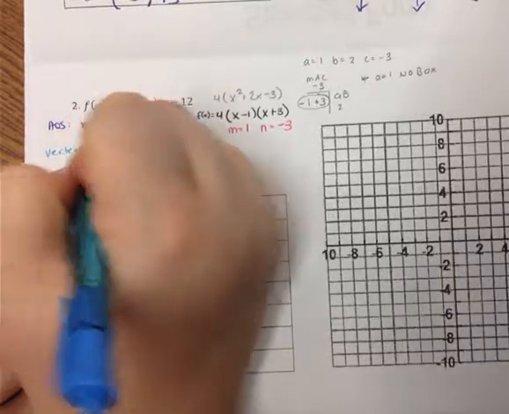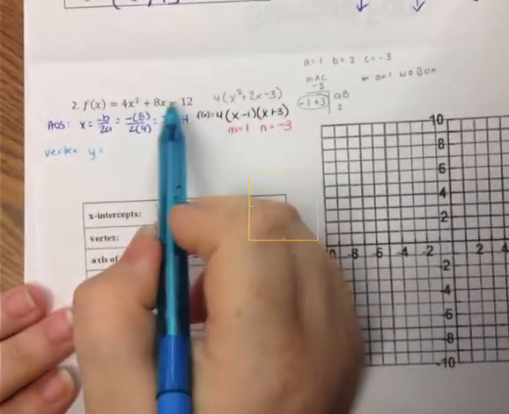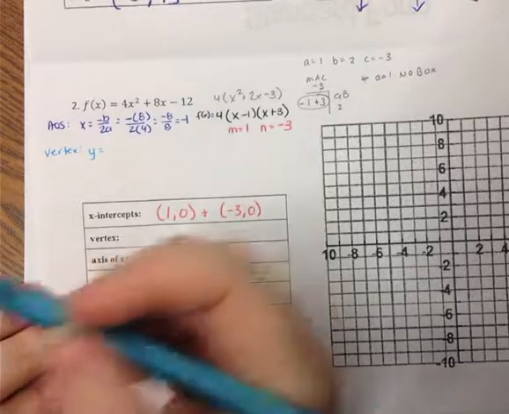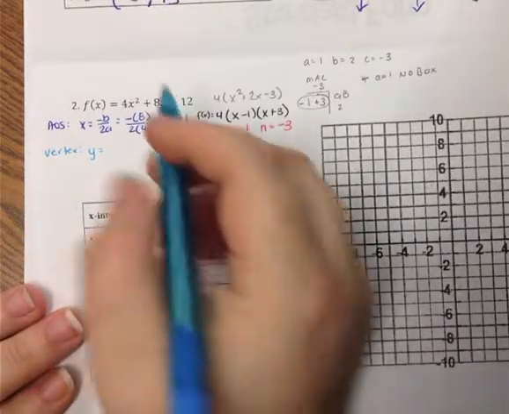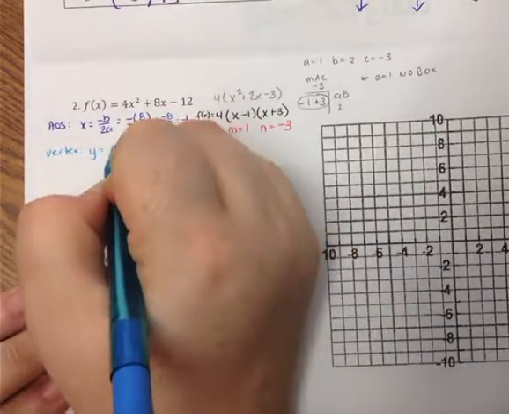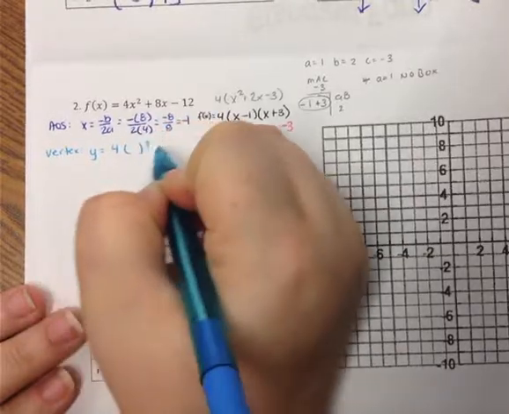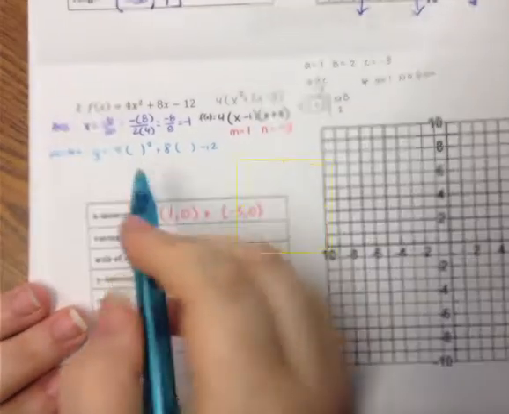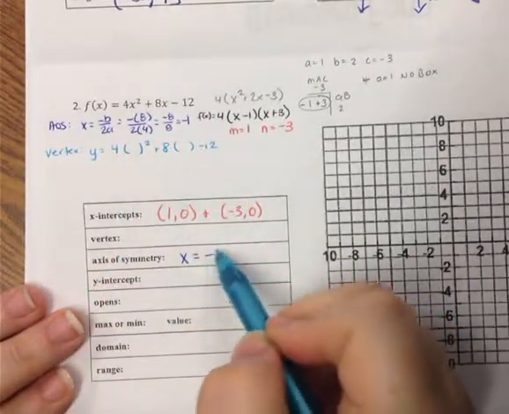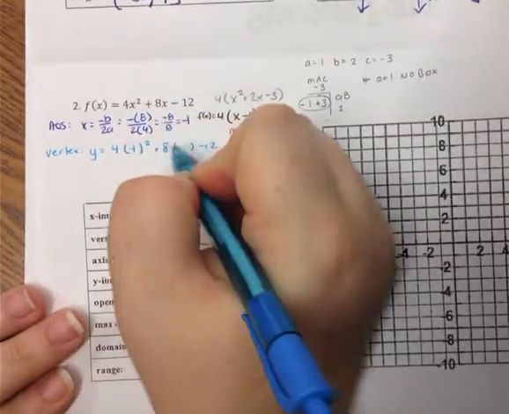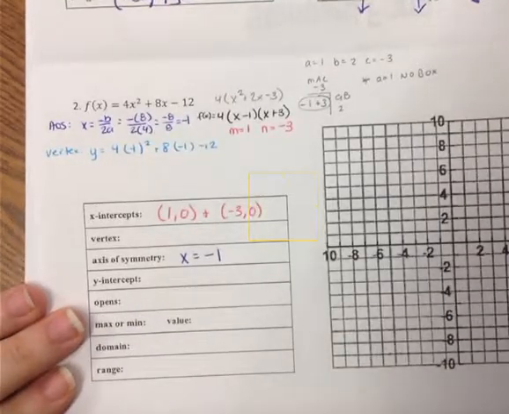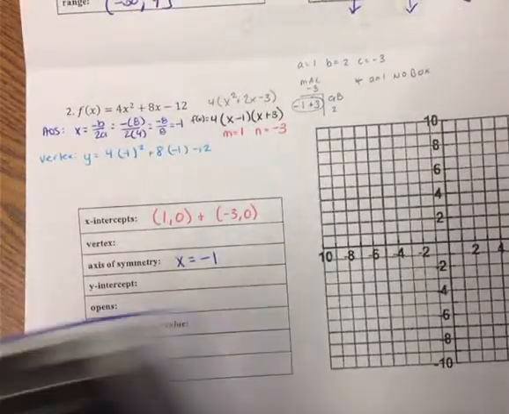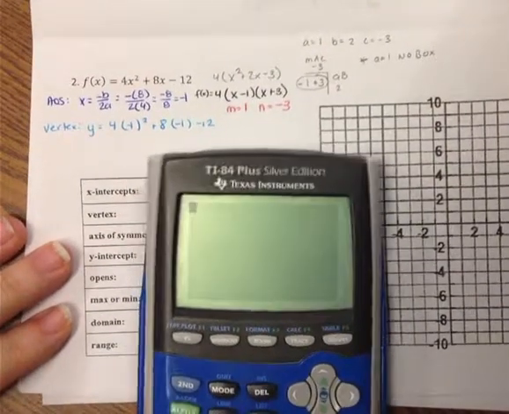Now that we have our axis of symmetry, we can find the rest of our vertex. Just writing it up here, y equals, everywhere I see an x, I'm going to substitute something in for it, so I'm going to put parentheses. Go back to the original, it's 4 parentheses squared plus 8 parentheses minus 12. Inside the parentheses, I'm going to put that x equals negative 1. I can then go back to my calculator and plug that straight in.